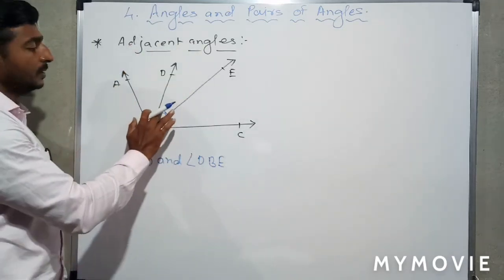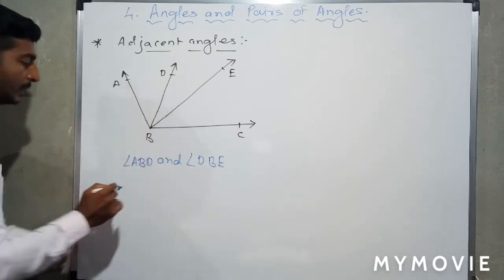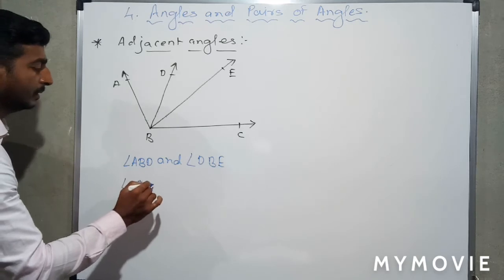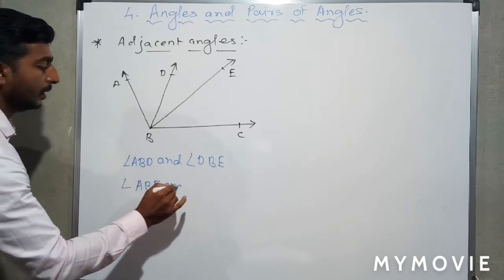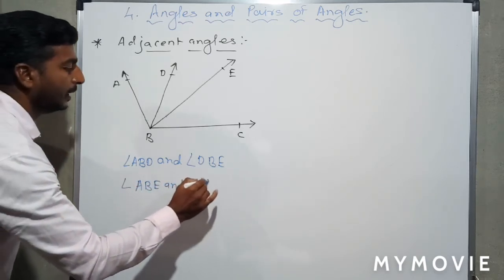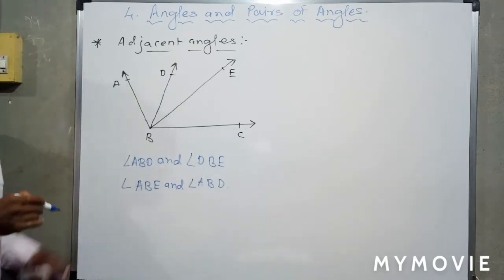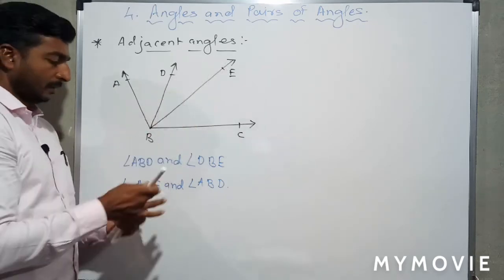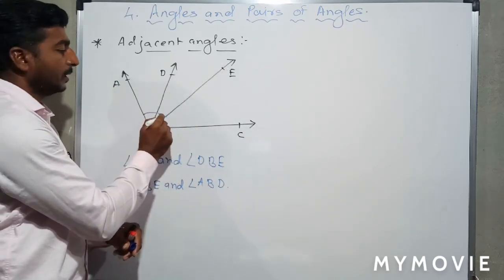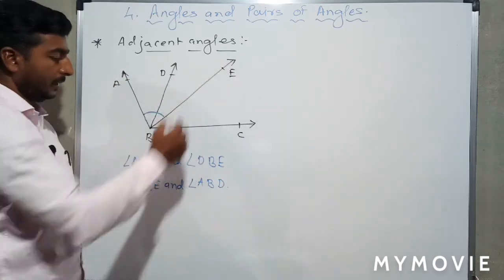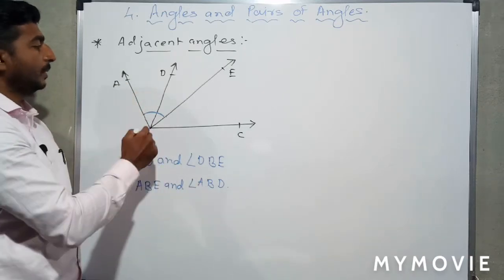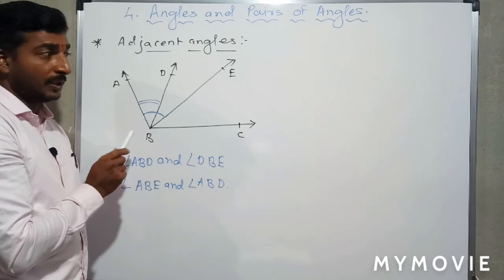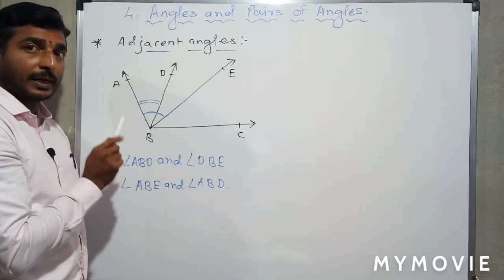Consider another two angles: angle ABE and angle ABD. ABE means this complete angle. Are ABE and ABD adjacent angles? What is the important point for adjacent angles? They should have a common arm.